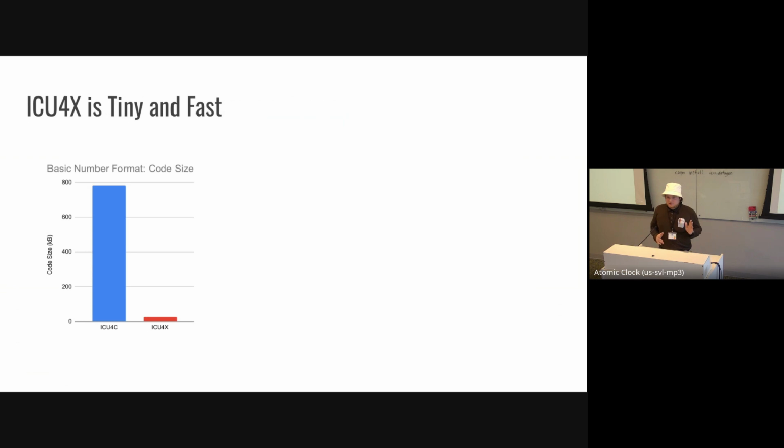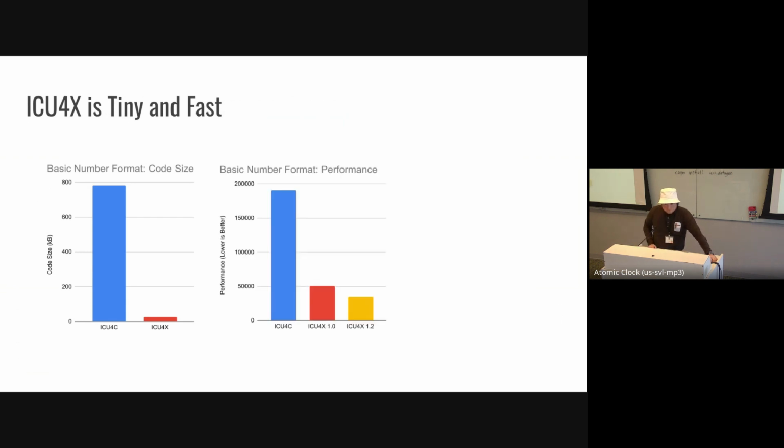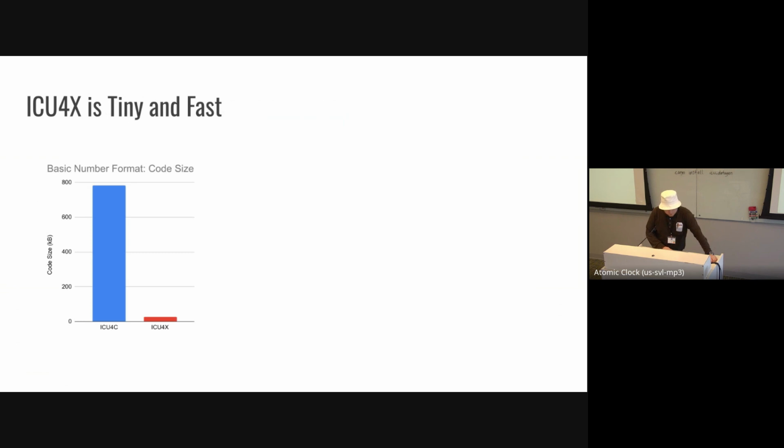It also includes a lot of features of the number format that are not necessarily used by the application, because even after I did some refactoring to make it more sliceable, there's still a lot of pieces of the number format infrastructure included here. Whereas in ICU4X, we just included exactly what we needed to use. And we got a very small binary size. I believe there's about 30 kilobytes on the right and about 775 on the left.